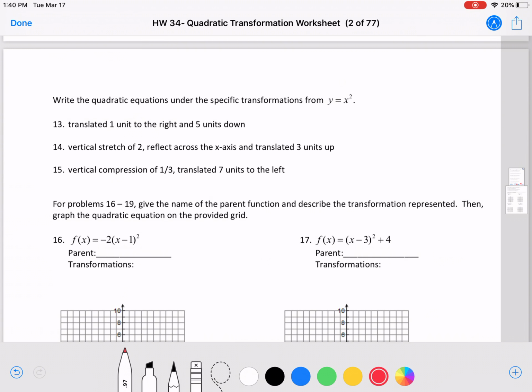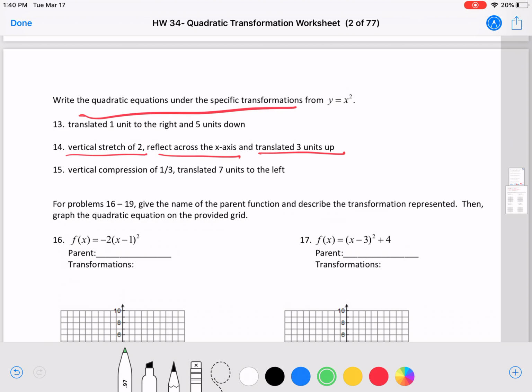The next set, 13 through 15, you have to write your own quadratic equation. So for example, number 14 says, write a quadratic equation with a vertical stretch of 2. It should reflect across your x-axis and be translated 3 units up. What I do is I look at these transformations and identify a, h, and k value.